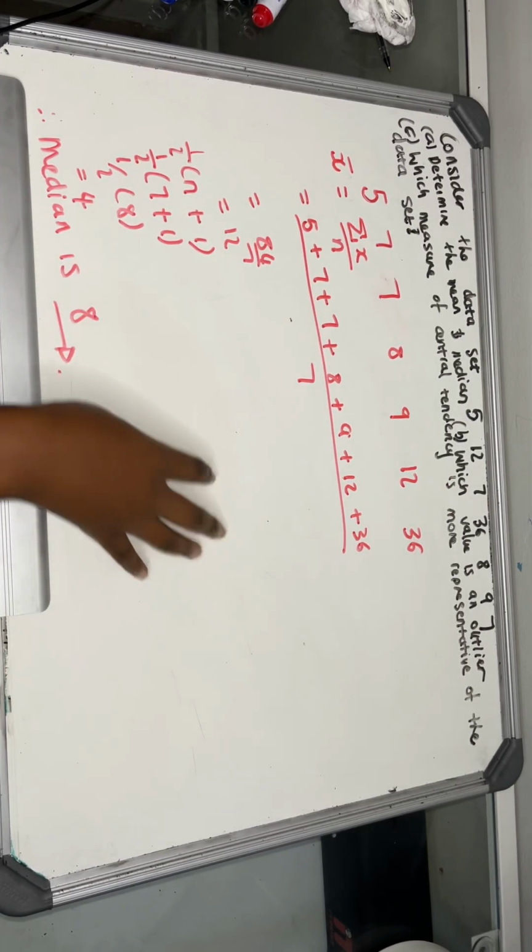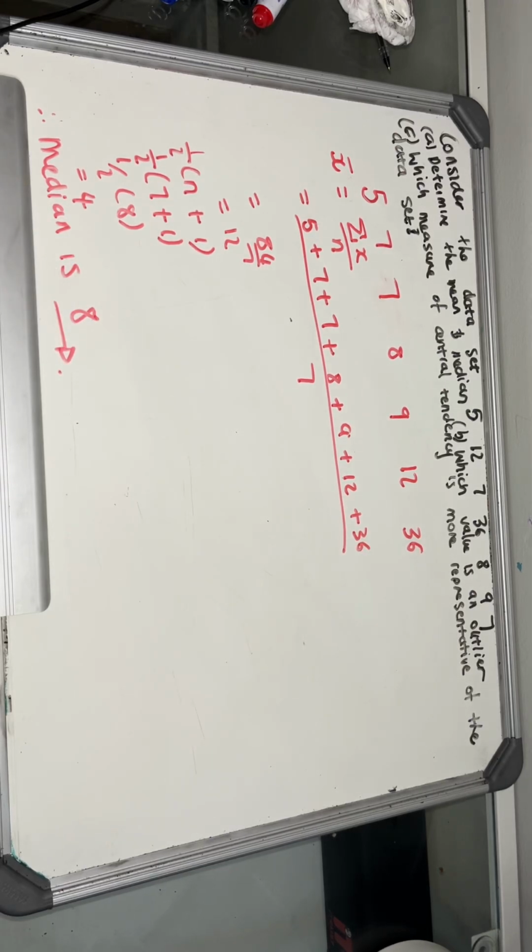So that is something to note: when you have an outlier, the median is a better measure of central tendency because it's not affected by the outlier. I hope that is making sense, and now we will look at the mode.